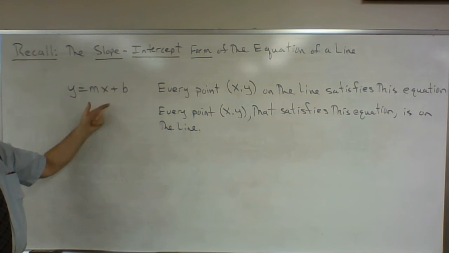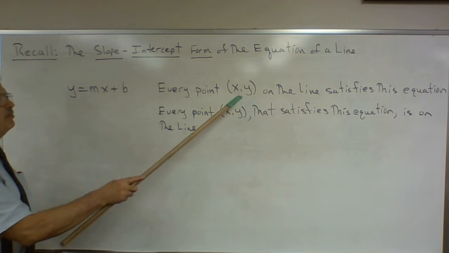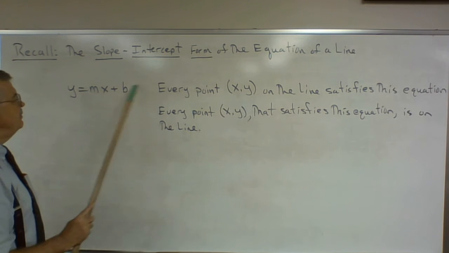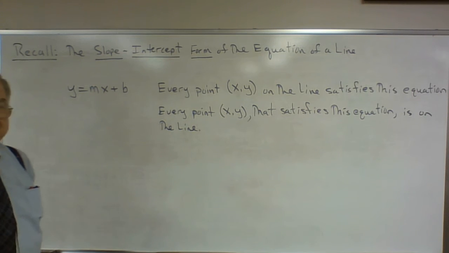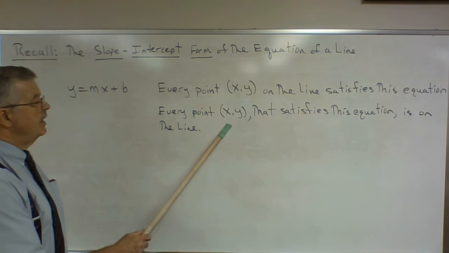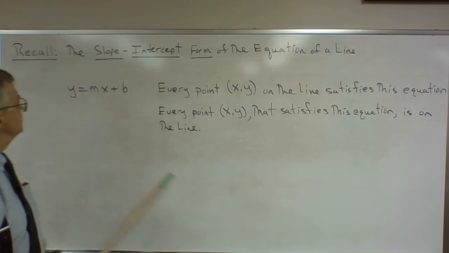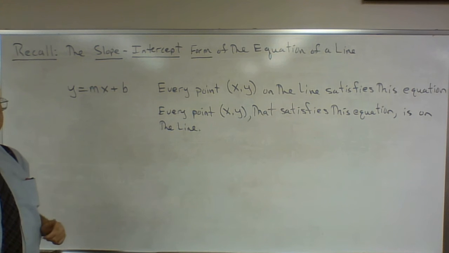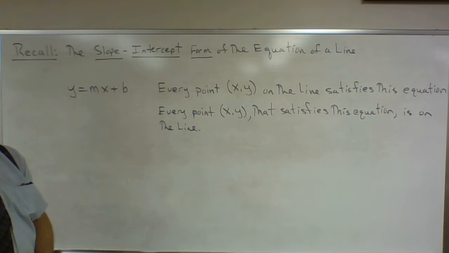This equation is going to be true. So every point that's on the line satisfies this equation. And it goes the other way too. Every point xy that satisfies the equation is also on the line. So if we pick a point xy and plug it in here and it makes the equation work, that point is on the line.